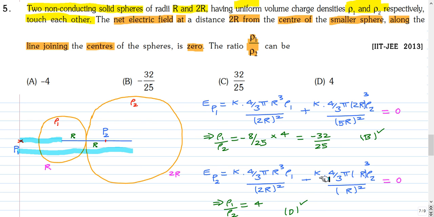So the charge that contributes will be 4 by 3 pi r cube into ρ2, divided by the distance r square. This should be equal to 0. So from this we get ρ1 by ρ2 as 4. So option D is also correct. So the correct options are B and D.